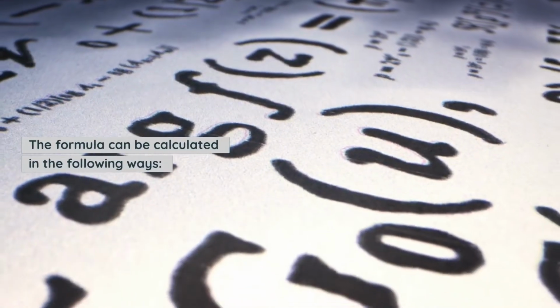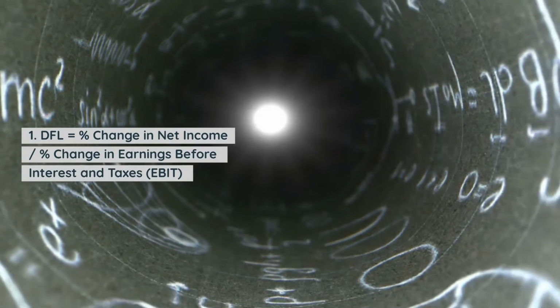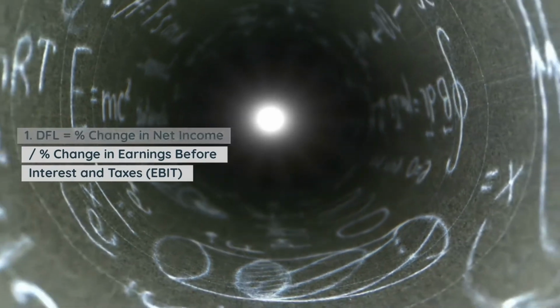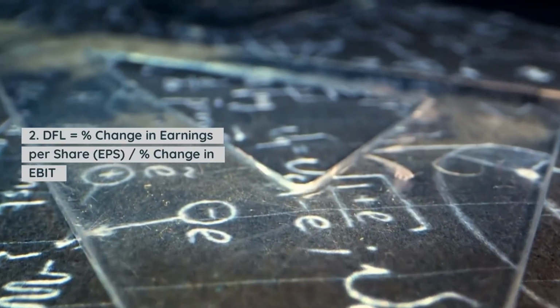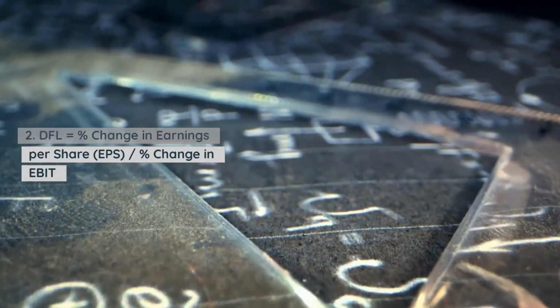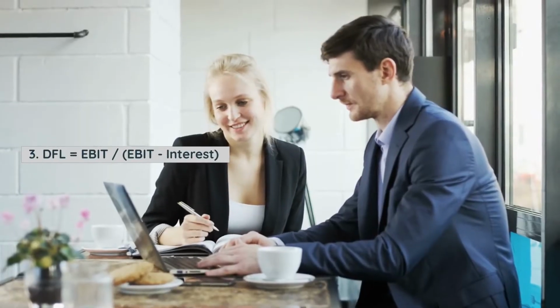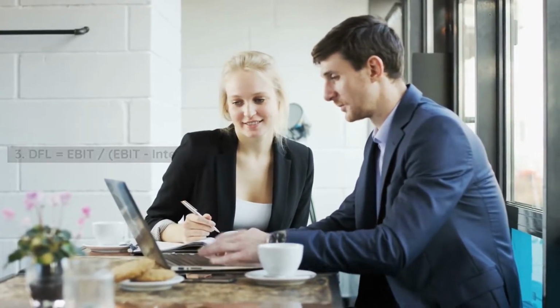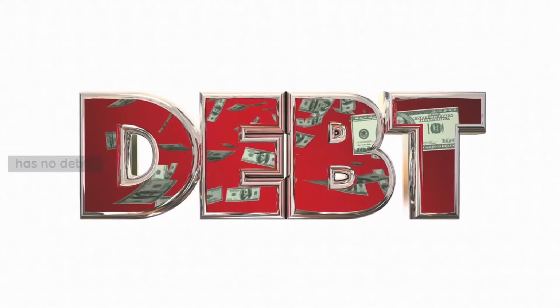The formula can be calculated in the following ways. 1. DFL equals percent change in net income divided by percent change in earnings before interest and taxes, EBIT. 2. DFL equals percent change in earnings per share, EPS, divided by percent change in EBIT. 3. DFL equals EBIT divided by (EBIT - interest). If the ratio is 1.00, then the firm has no debt.